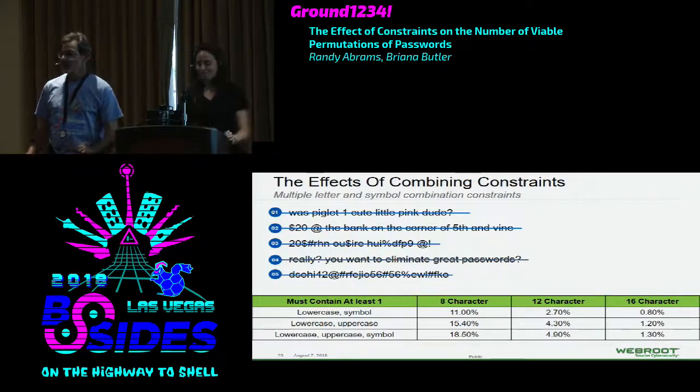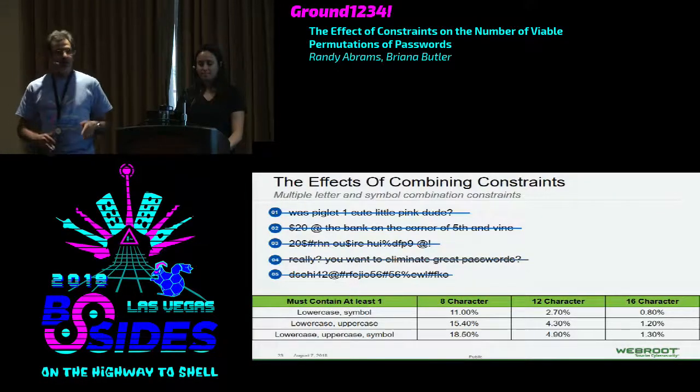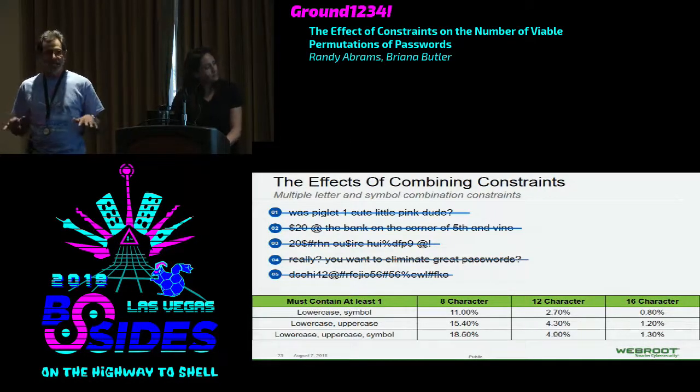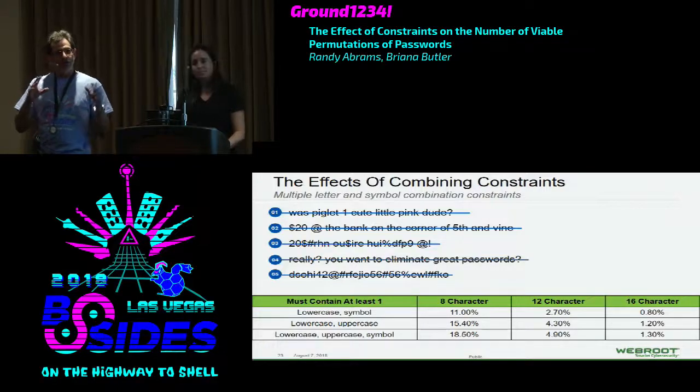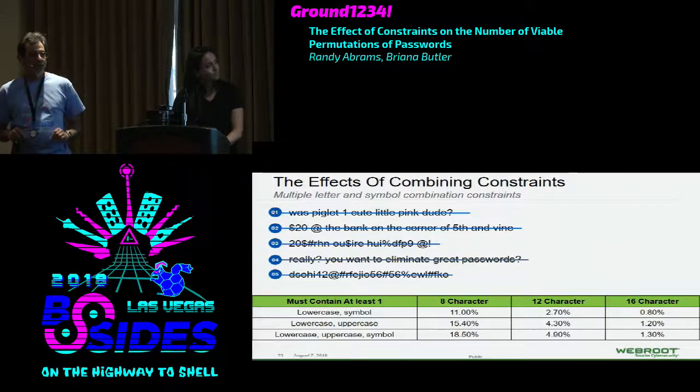Okay, this is where it gets really interesting, when you combine the constraints. Now you can see with an 8-character password, just the lowercase and symbol constraints eliminate 1 out of 10 possible password permutations from this character permutation set. And at 16 characters, you broke the 1% barrier.